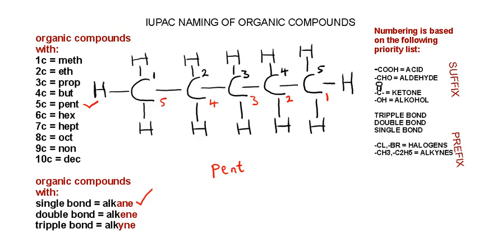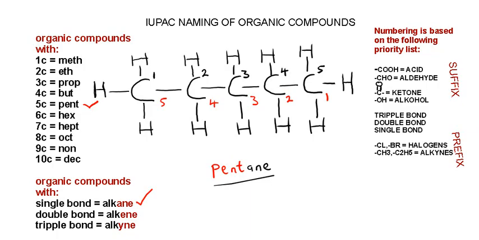Therefore, we are going to take ANE from alkane and add it to pent. So it becomes pentane. We also check for the functional group. There is no functional group in this organic compound. Therefore, the name becomes pentane.